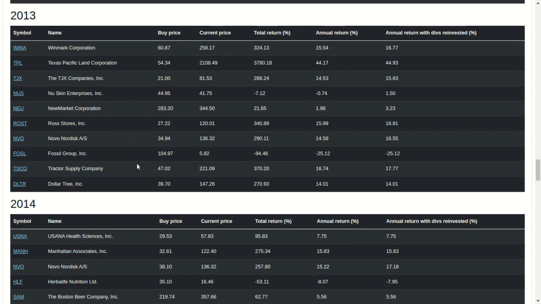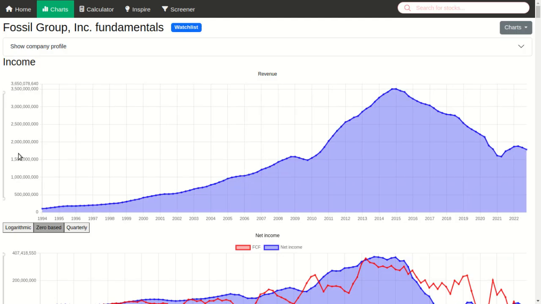For example, here at the Fossil Group, we basically went almost bankrupt. So we lost 94% of our investment, and you can just click on it and analyze what went wrong. As you can see, the Fossil Group looked very, very good. It was growing till 2014, basically continuously.